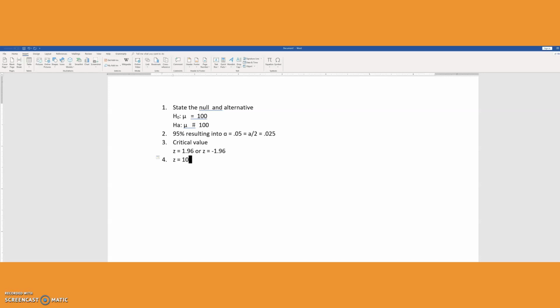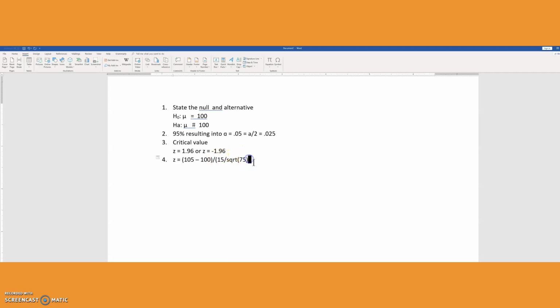Z, as you know, is x bar, which in this case is 105, minus the 100, and both of them are going to be surrounded with parentheses, divided by the 15, which is the standard deviation, which is also divided by the square root of the 75 for the n.